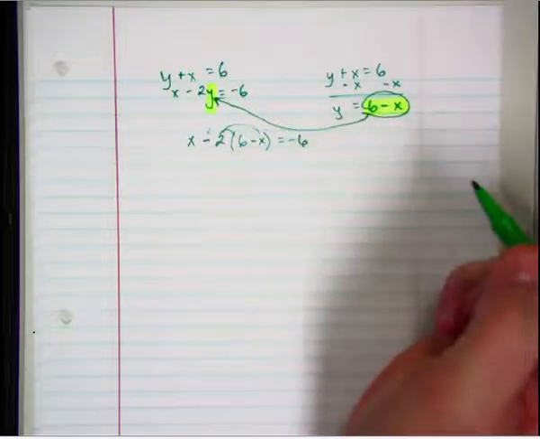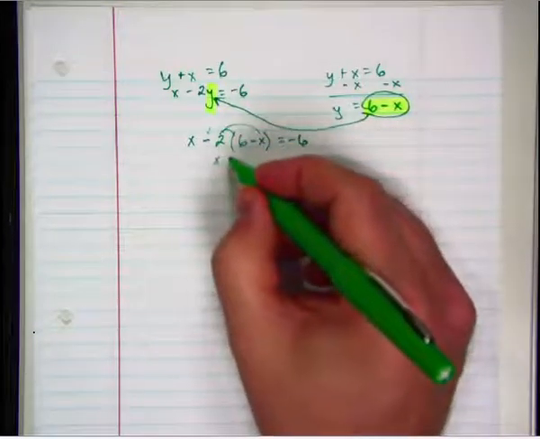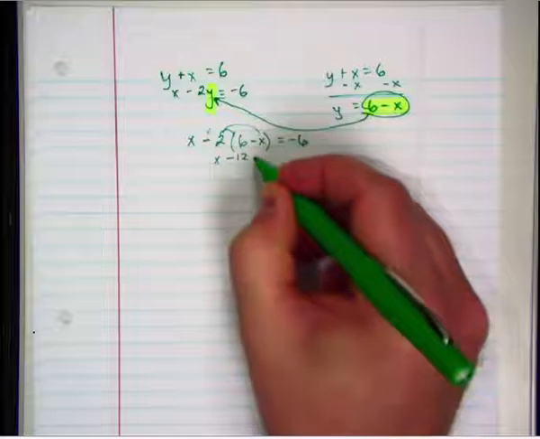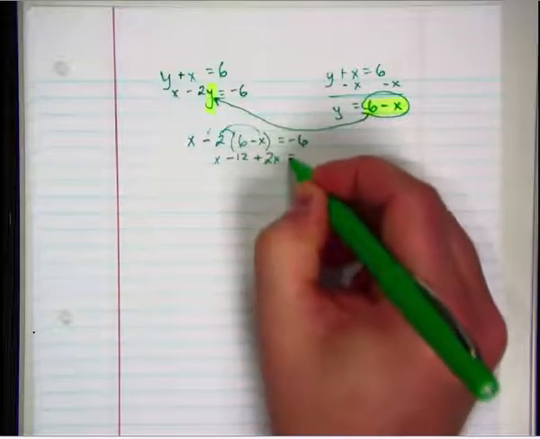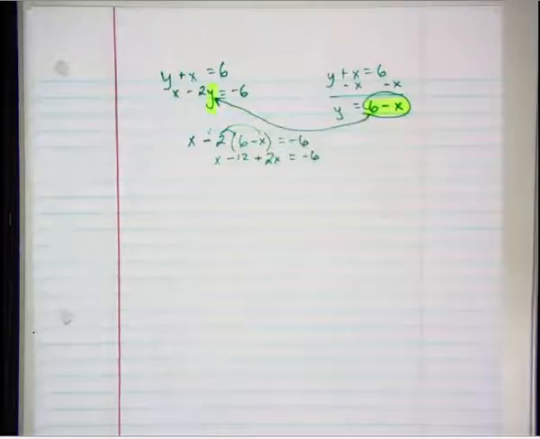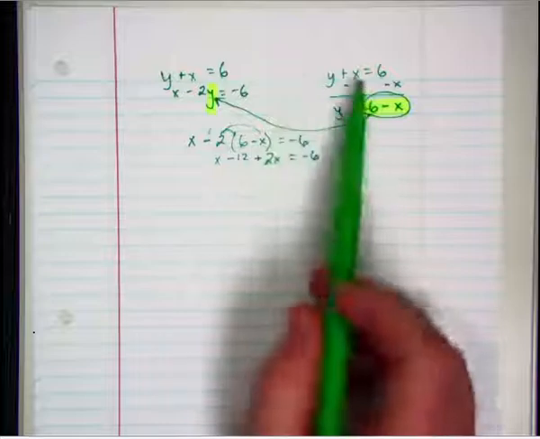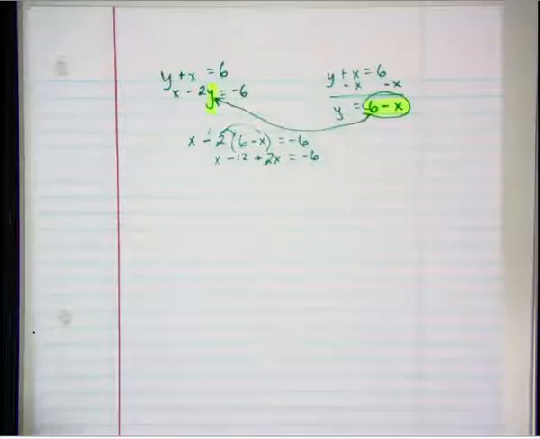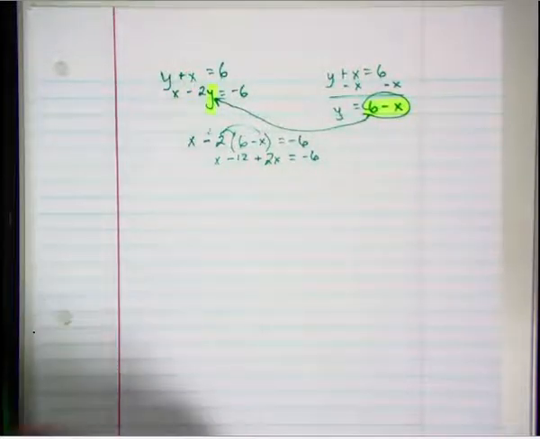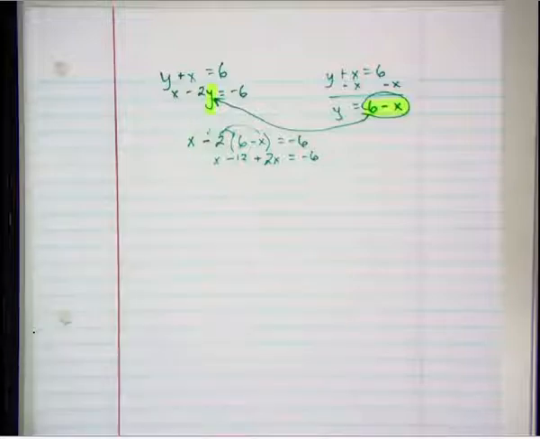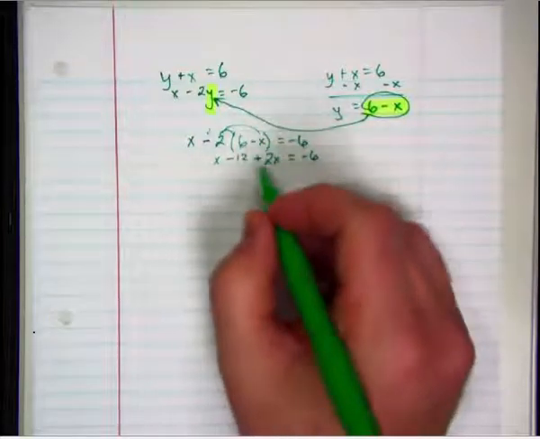So I'm going to distribute that negative 2 and get x minus 12 plus 2x equals negative 6. So the only thing that's different about this problem than the one above was that I actually had to get y alone in this equation. But remember, I could have chosen to get x alone in this equation. Okay, so we finish solving.